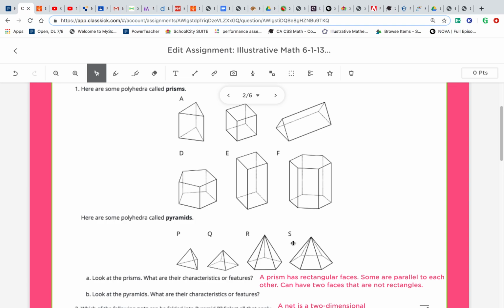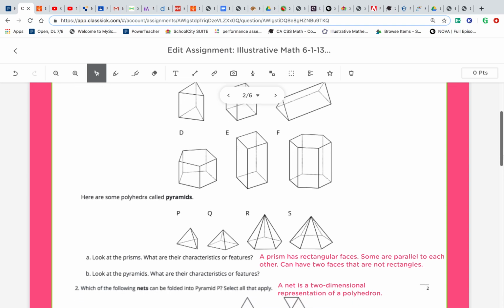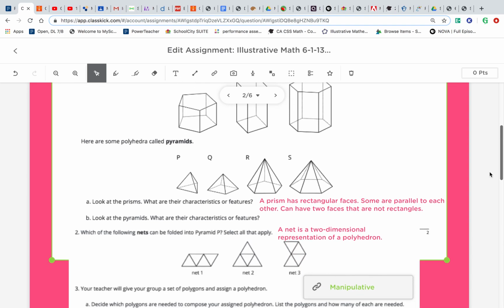For pyramids, here are the pyramids down here, P, Q, R, and S. Okay, so let me scroll down a little bit here. We're just looking at the pyramids. So some things you might have noticed about that. A pyramid is going to have a triangle for all of its faces, or it can maybe have one face that's not. So let's add in that text here.